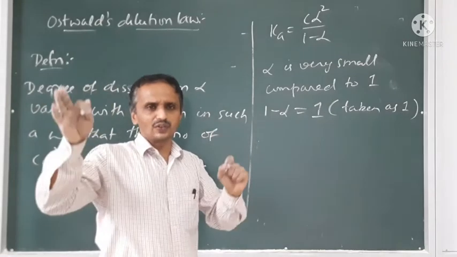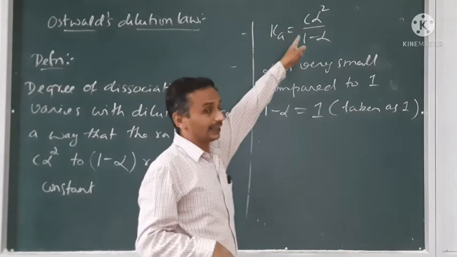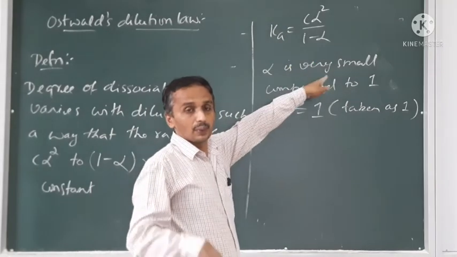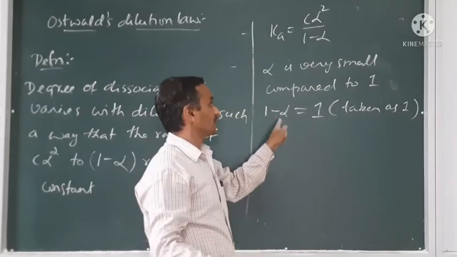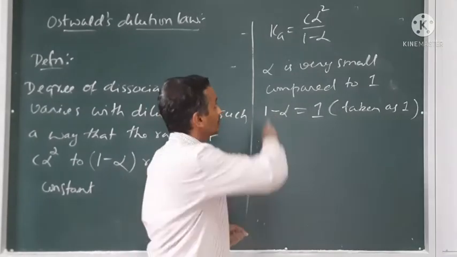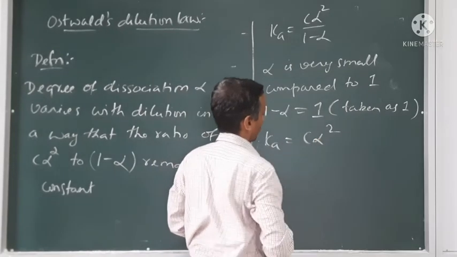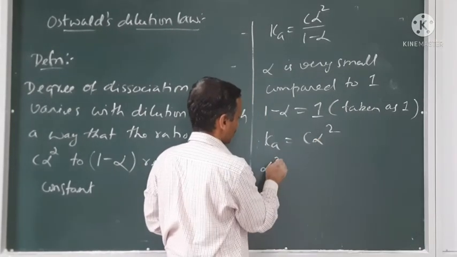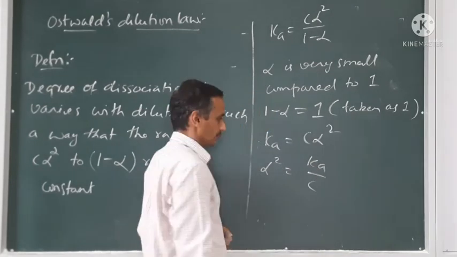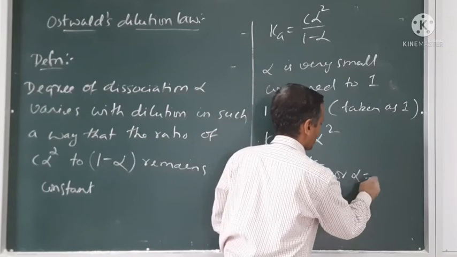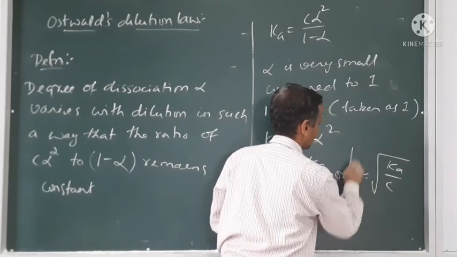We are neglecting alpha there, not in the numerator but in the denominator, where compared to 1, alpha is very small, so 1 minus alpha is taken as 1. So what happened in this equation? Ka is equal to C alpha square. Alpha square is equal to Ka by C, or alpha is equal to square root of Ka by C.